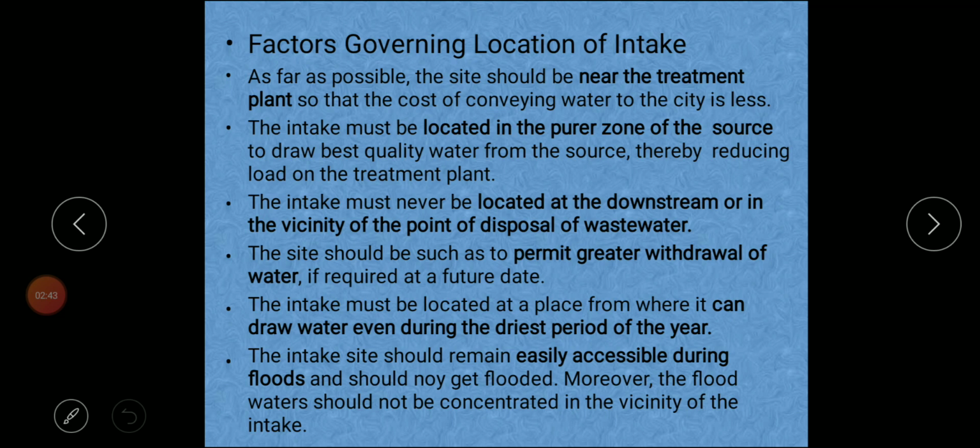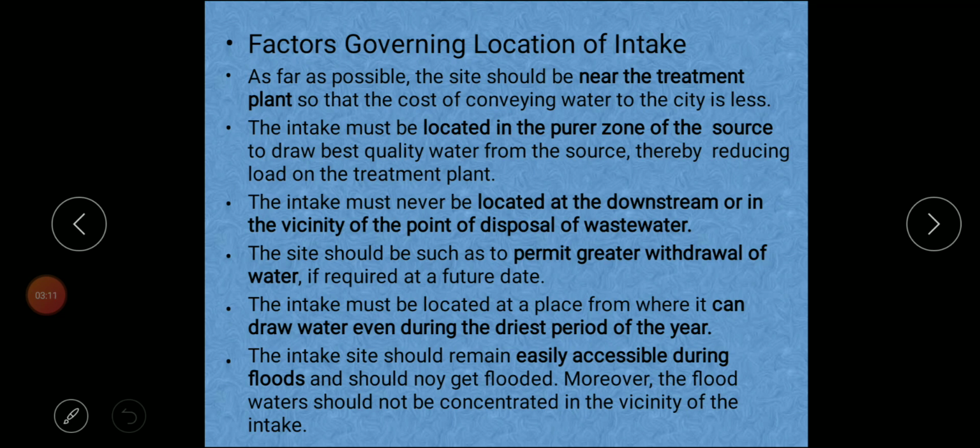Third, the intake must never be located at the downstream or in the vicinity of the point of disposal of wastewater. So we avoid constructing intakes on the downstream side as well as where the wastewater comes. Fourth, the site should be such as to permit greater withdrawal of water if required at a future date.